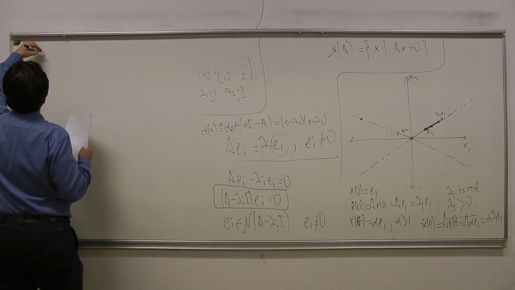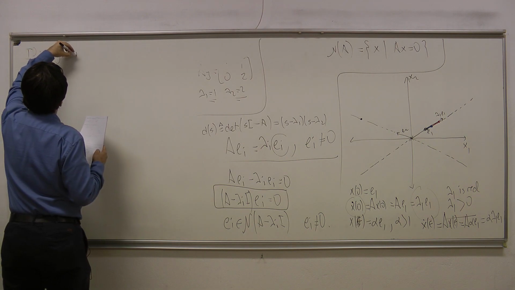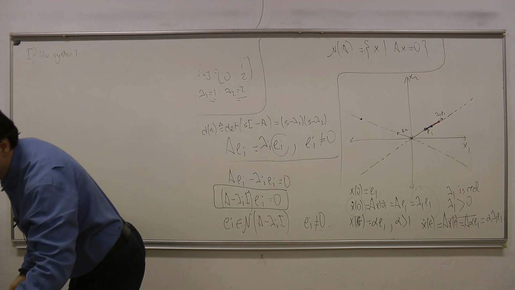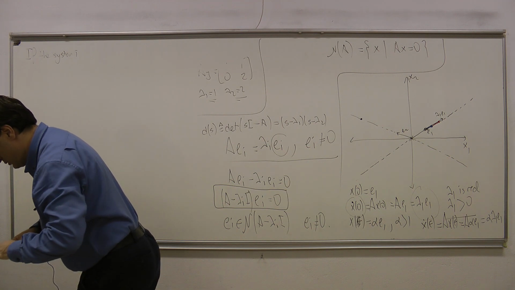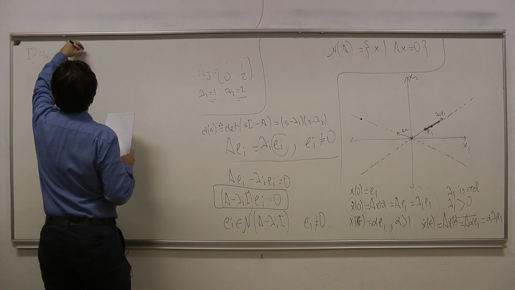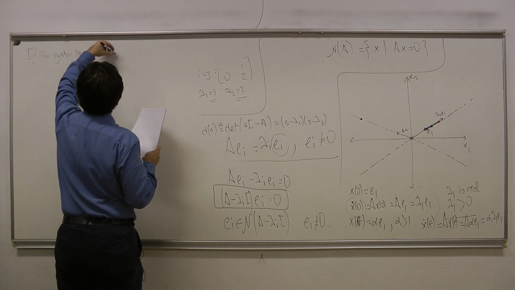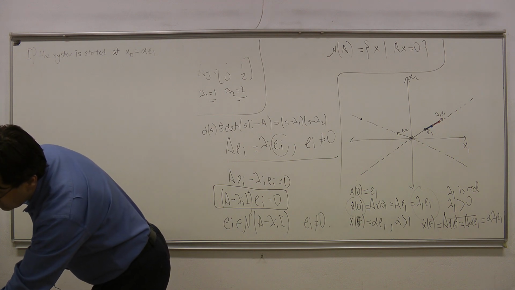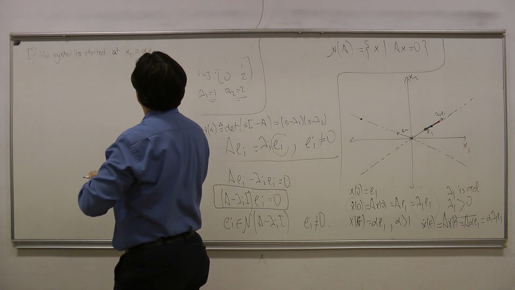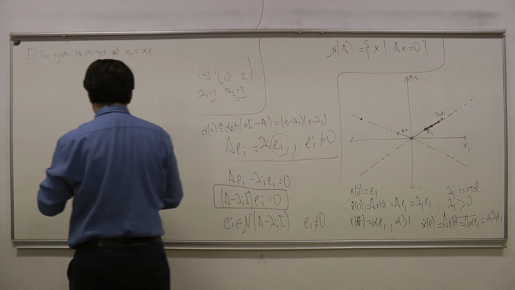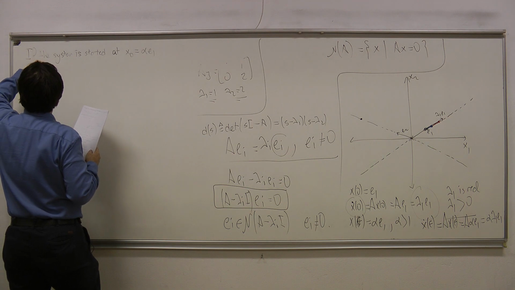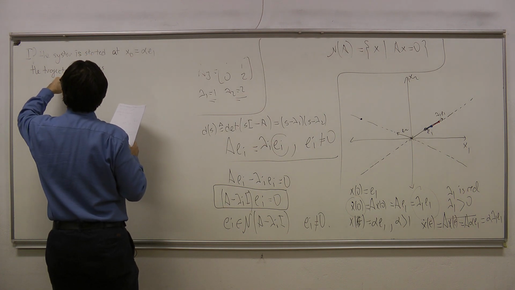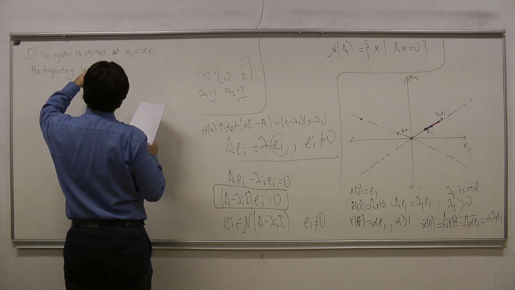If the system is started at x0 equals alpha times E1, so if the system is started at a scalar multiple of the eigenvector, the trajectory becomes x of t equals beta of t times E1.